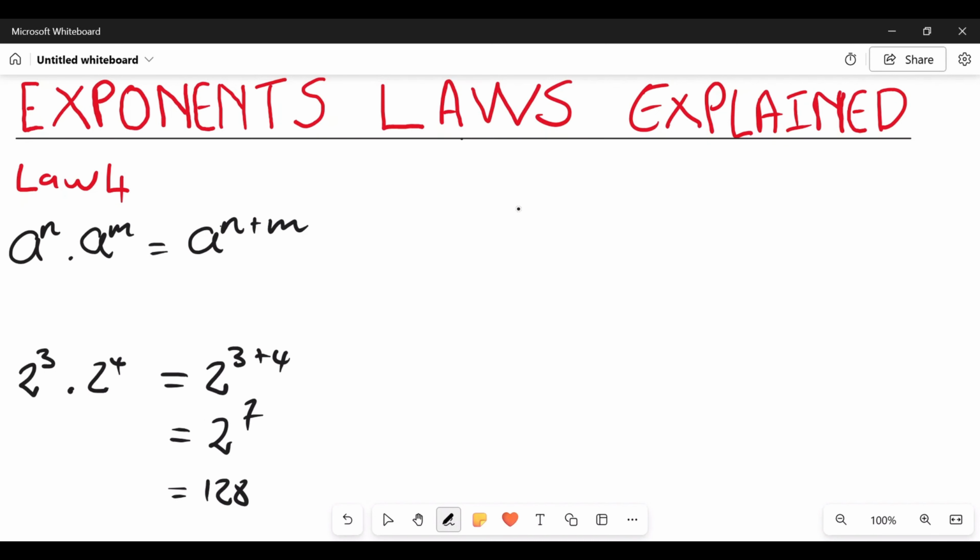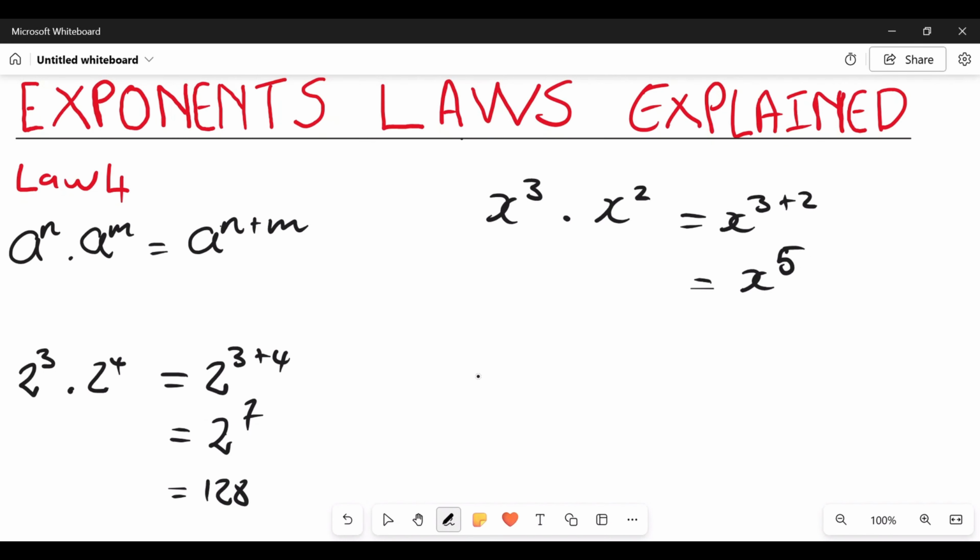Let's make another example. Let's say we have x to the power of 3 multiplied by x to the power of 2. As you can see, again, our bases are the same here, so these exponents have to add. It's going to be x, but as for the exponents, they're going to add. It's going to be 3 plus 2. So at the end, this is going to give us x to the power of 5.